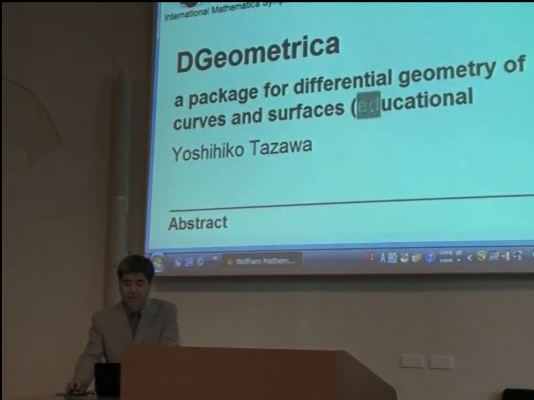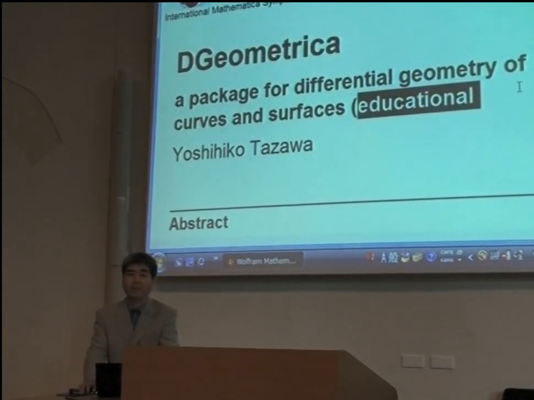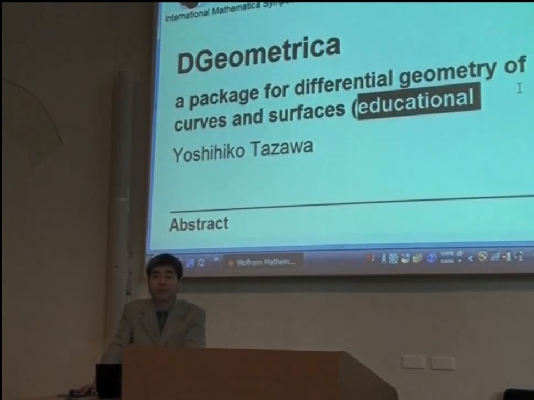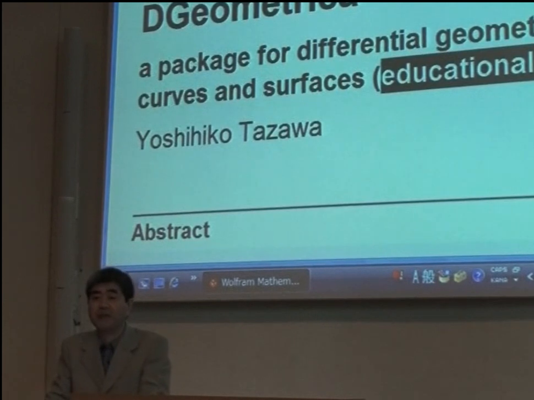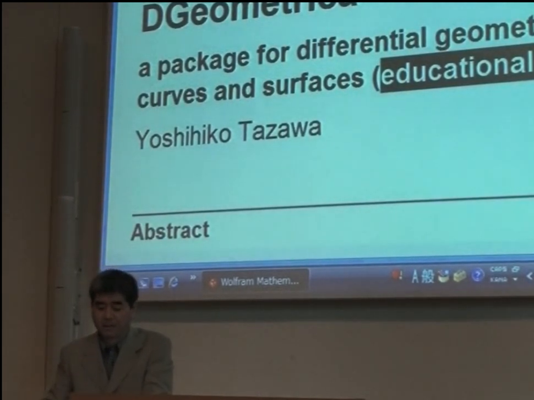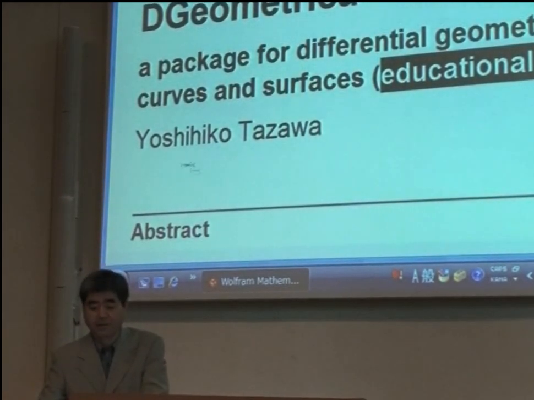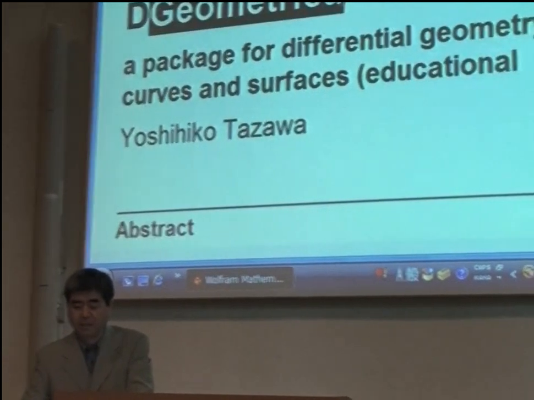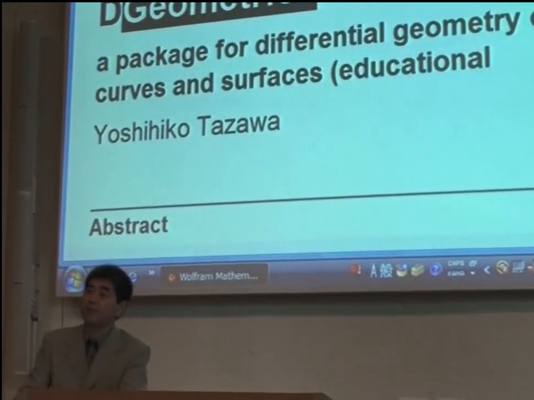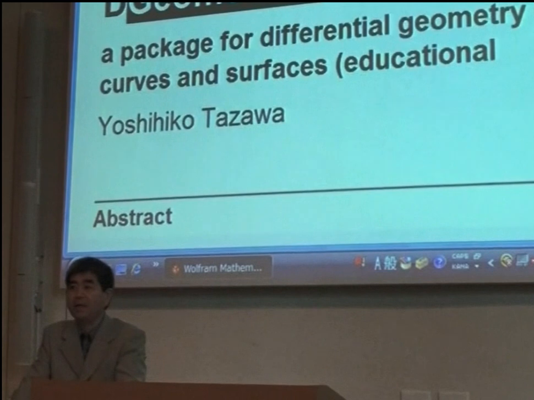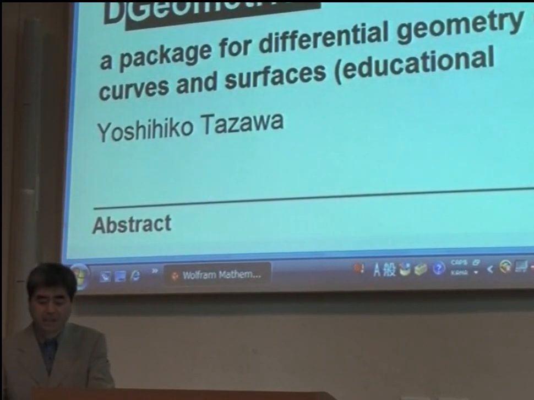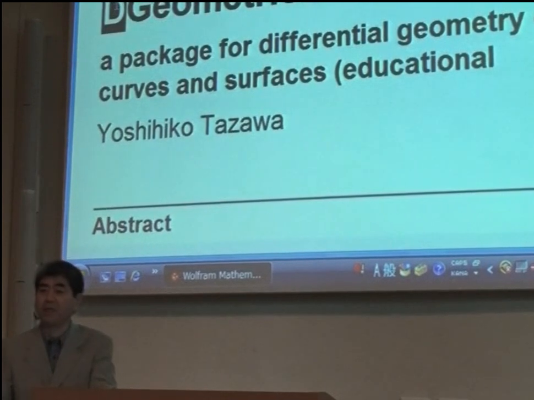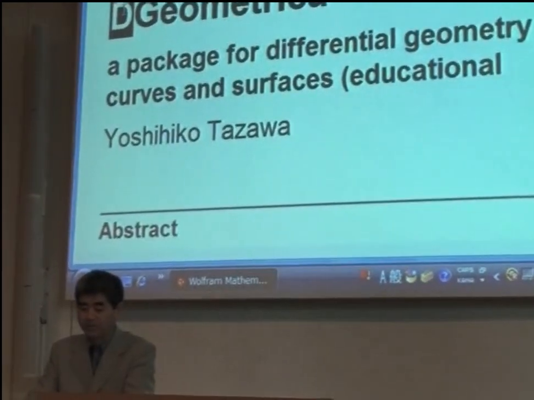It is an educational package, supposed to be used in a class of differential geometry to help students understand geometrical objects. Of course, there is a package titled Geometrica, created by Professor Bruno Outan about Euclidean geometry. But my package has a capital D here to indicate differential geometry.